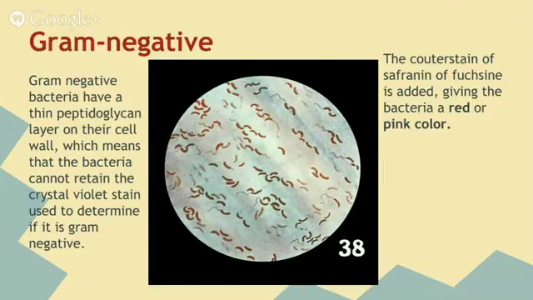Cholera is gram-negative. We learned in class about gram staining, which is the process of staining bacteria with a crystal violet stain, then using an alcohol solution on it, and then counterstaining it with safranin or fuchsin. If it is gram-negative, the bacteria will be red or pink in color. If it is gram-positive, it will be crystal violet.